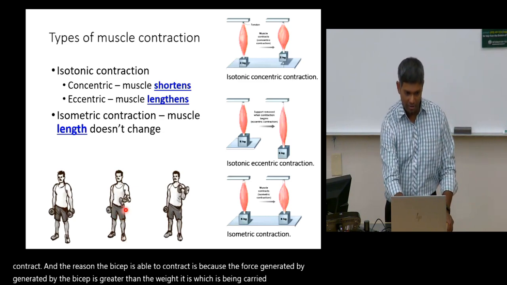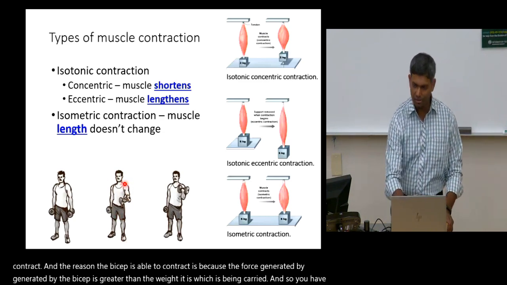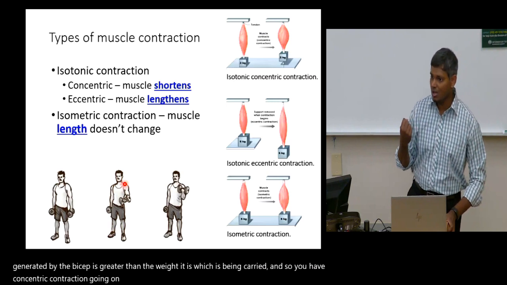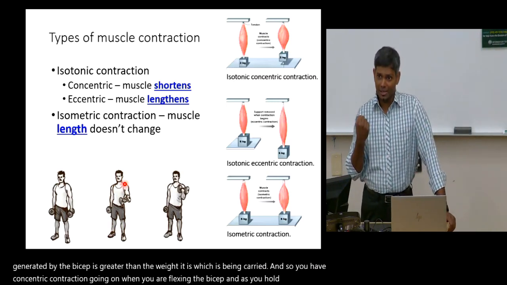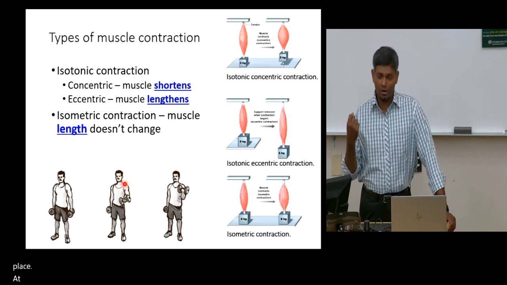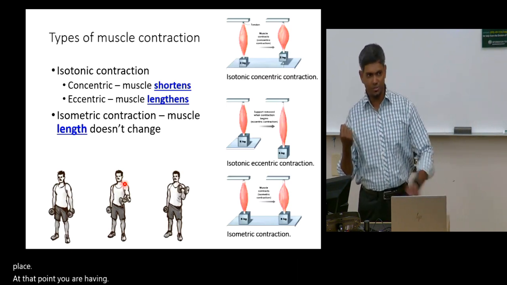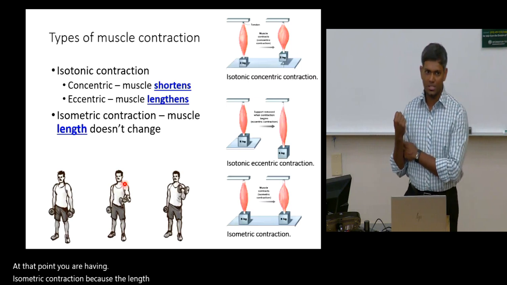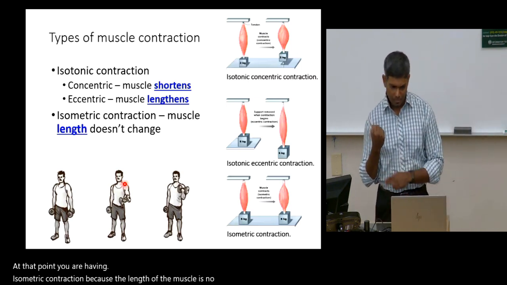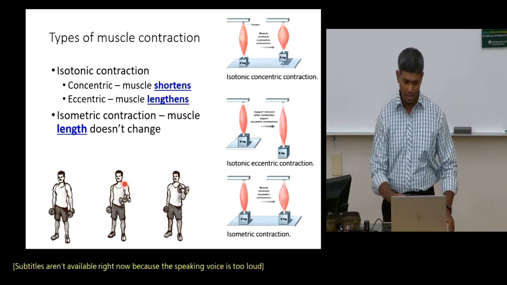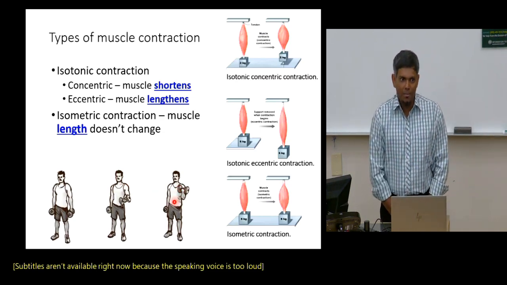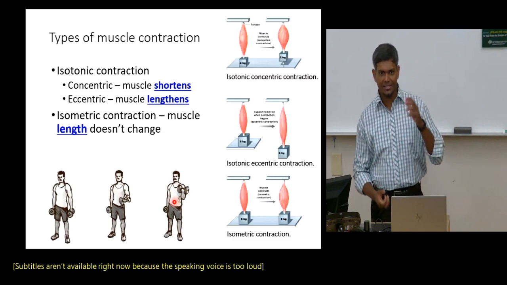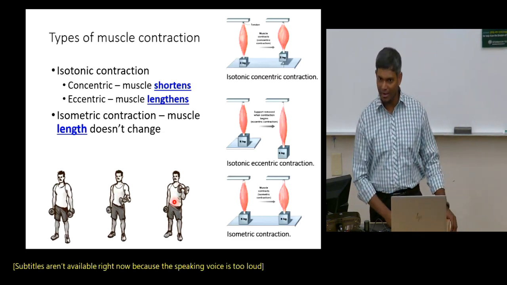So you have concentric contraction going on when you're flexing the bicep. As you hold the weight in place, you're having isometric contraction because the length of the muscle is no longer changing. Then as you lower the weight, you are engaging in eccentric contraction because the muscle is lengthening as the weight is being carried down.